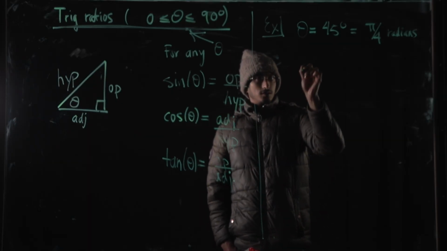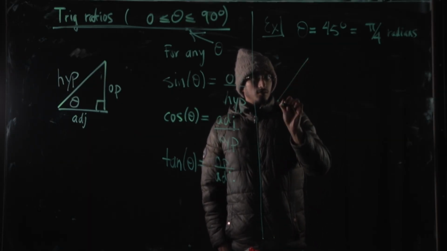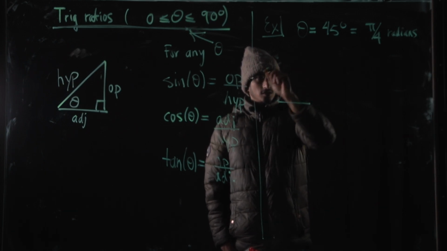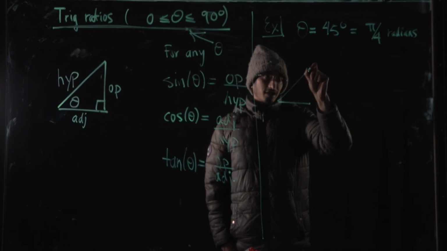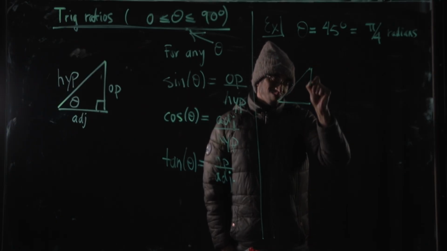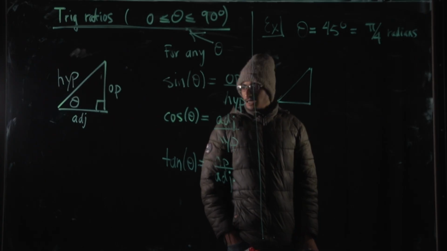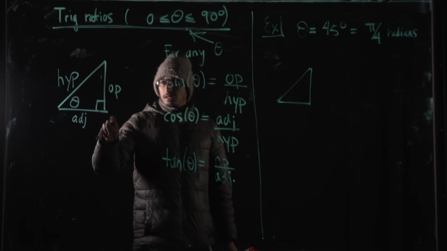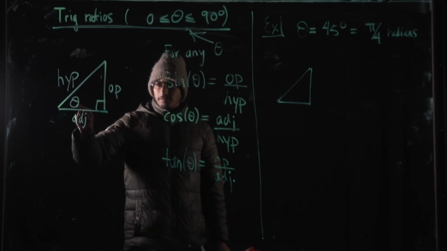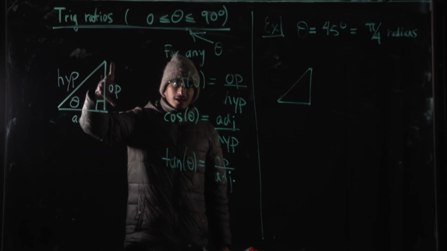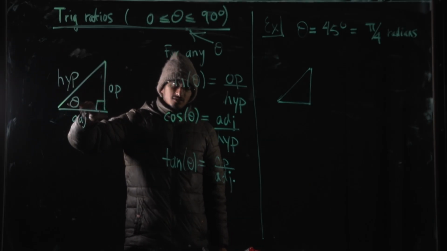So here's a picture of a 45-degree angle. Now you might notice this ratio here is independent of how long the adjacent side or the opposite side is. All that matters is the ratio.